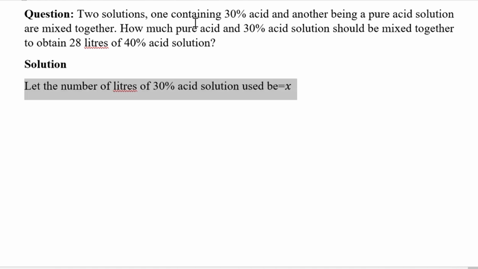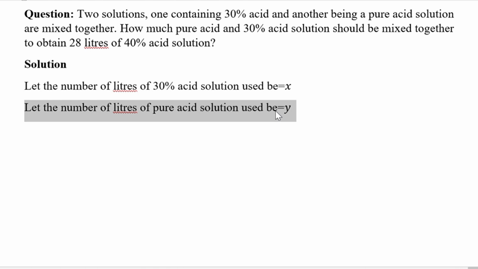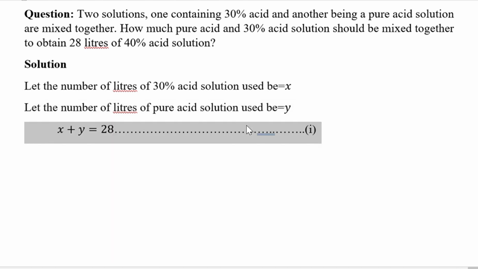So we shall say, let the number of liters of 30% acid solution used be equal to X, and let the number of liters of pure acid solution used be equal to Y. These two will lead us to the first simultaneous equation, which says that X plus Y is equal to 28, meaning when we take the number of liters of this solution that we use plus the number of liters of the pure acid that we use, should be equal to 28 liters that we are interested in making or obtaining.